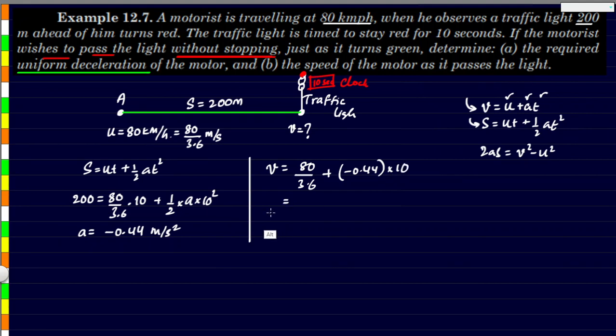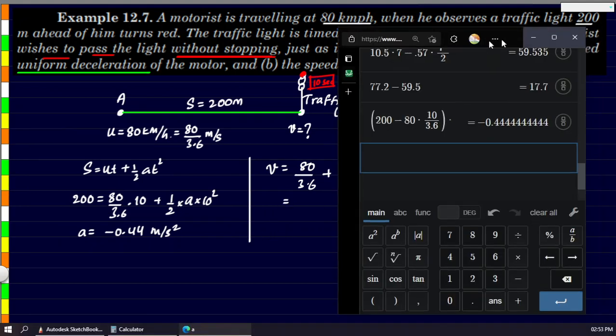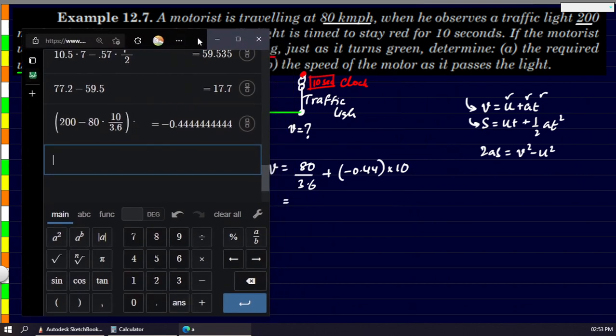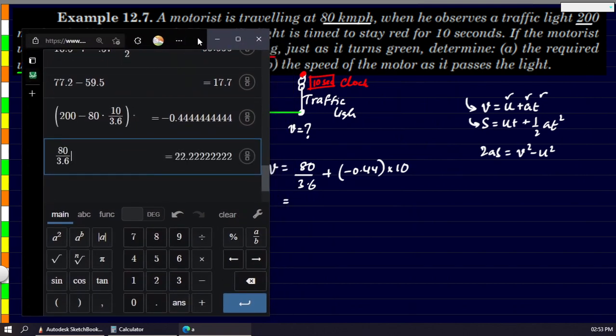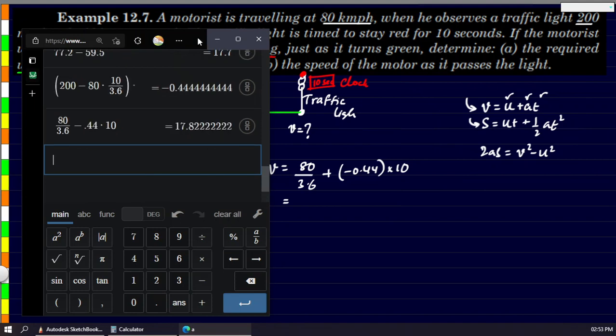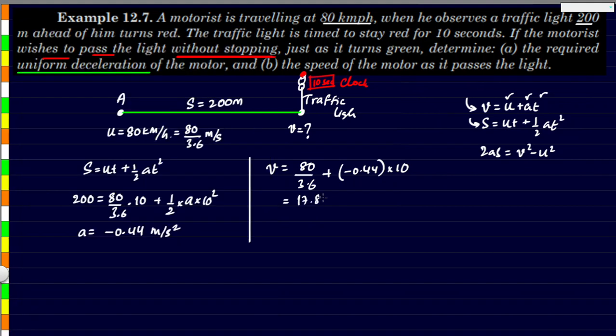So when you substitute these into our calculator, 80 by 3.6 minus 0.44 into 10, that leaves us 17.82. So 17.82, this is the value in meters per second.